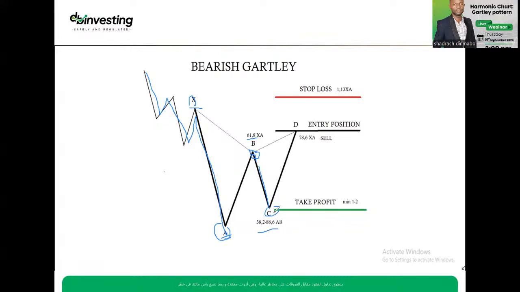So from there, the market pushes on again to give us point D. Now, point D, just as we earlier said, is 78.6 of XA.